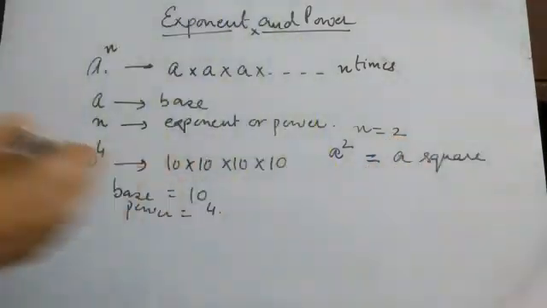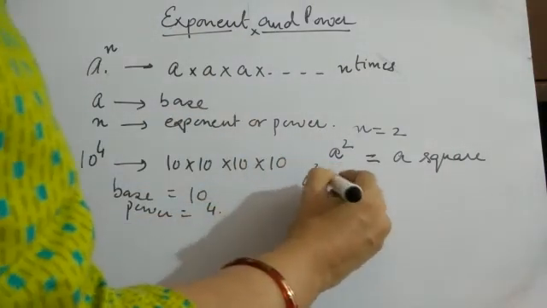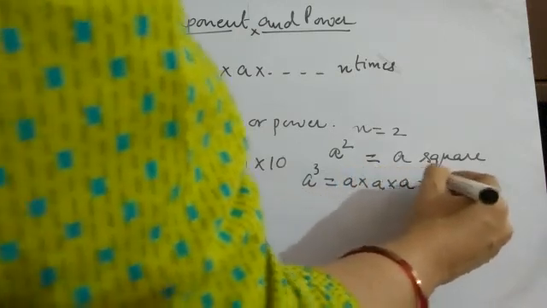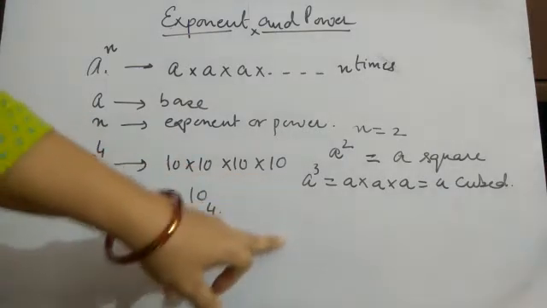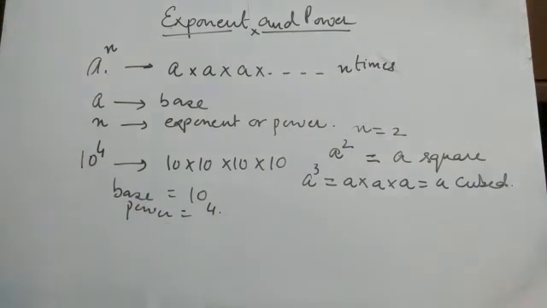Some specific names are also given. If it is a to the power 3, then a is multiplied to itself 3 times and this is called a cube. Further we read them as a raised to the power 4, a raised to the power 5 and so on.